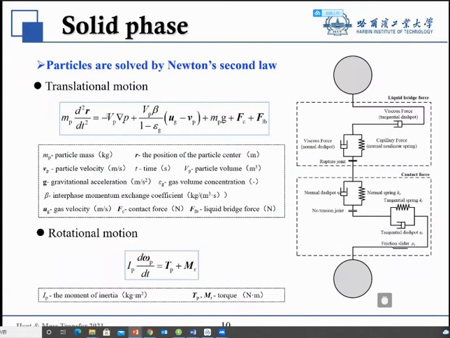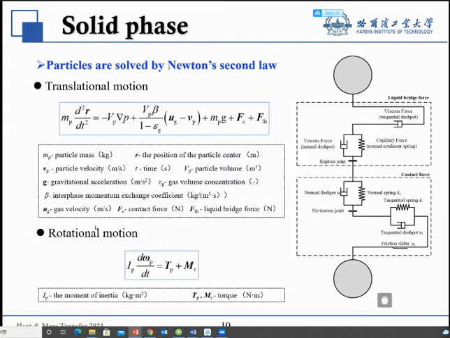Here are some equations about particle translational motion and rotational motion. We introduced before that particle movement will be solved by Newton's second law, and here it is dominated by the gradient pressure force and drag force, gravity and contact force, and liquid bridge force.